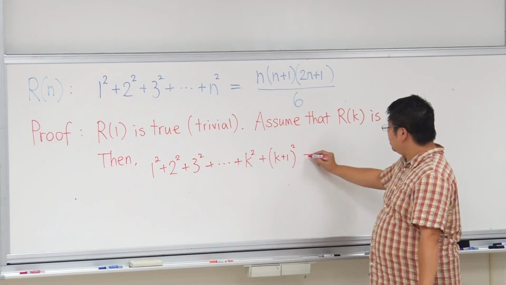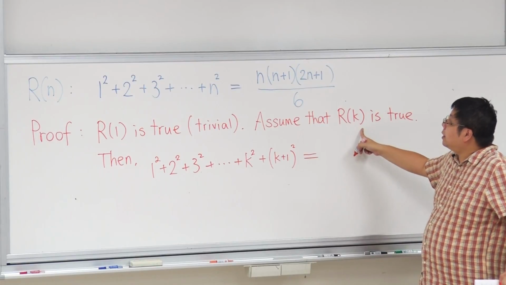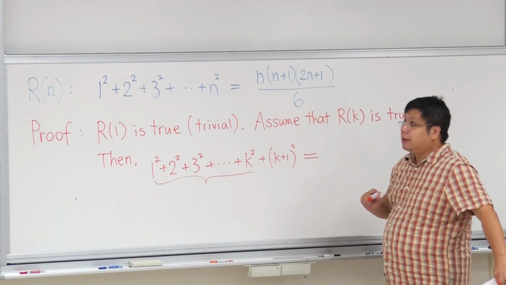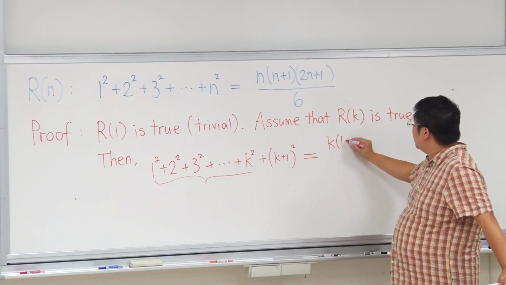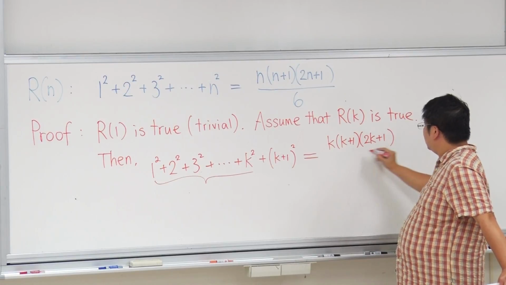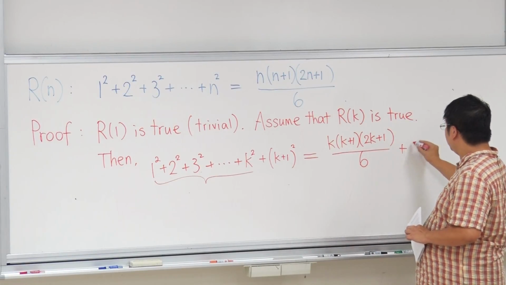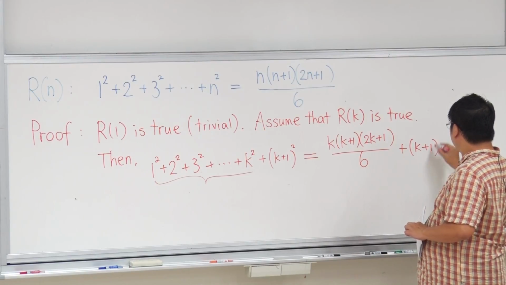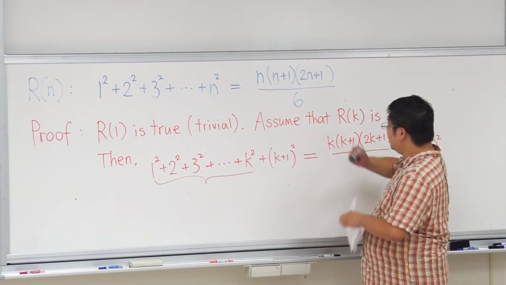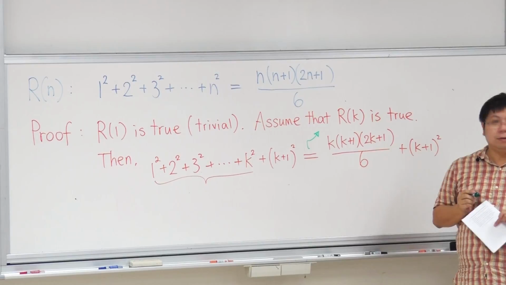This will be equal to, because we assume that Rk is true already, this part you can simplify as k times k plus 1 times 2k plus 1 divided by 6, and then you have k plus 1 square. This equality is due to this assumption. OK?